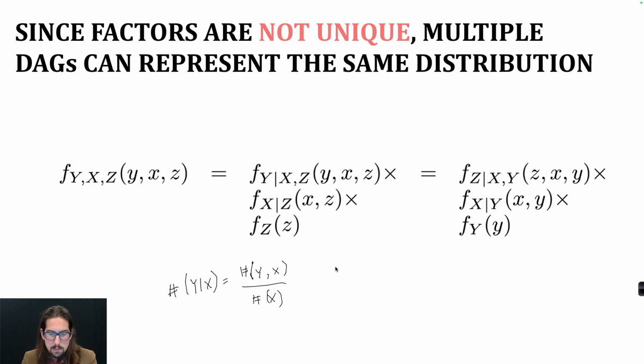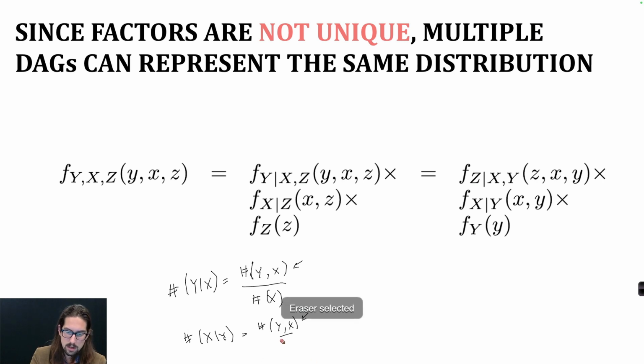And I can also ask the other question, which is the proportion of times that x happens when y happens, and that's this count over this count. I notice that this is the same as this, right? And so I can multiply my count of y over to the other side on that one, and my count of x over to the other side on that one. So here I have a count of x, and here I have a count of y.